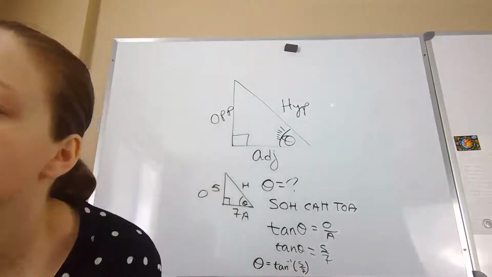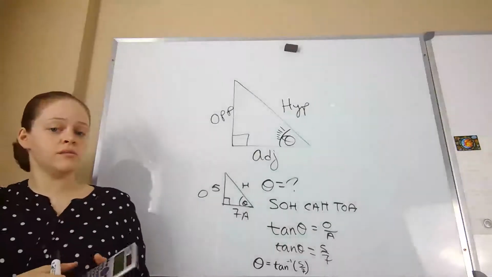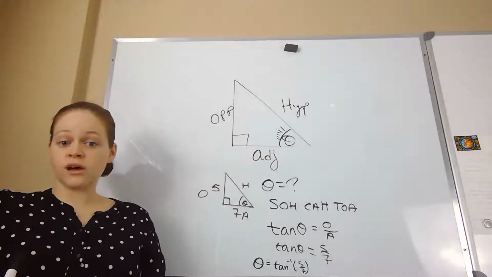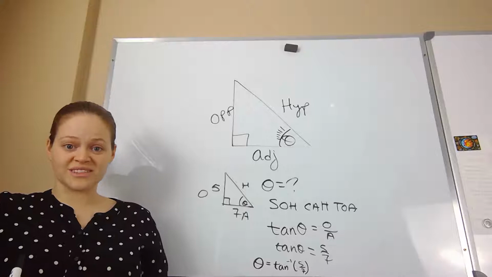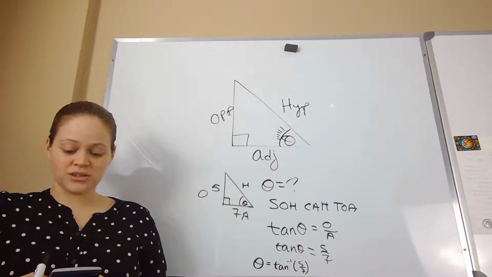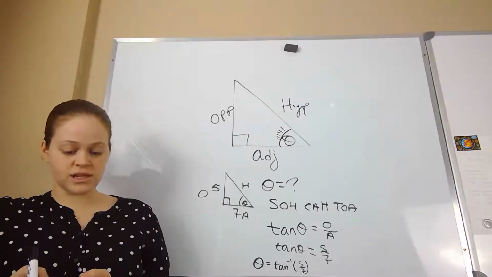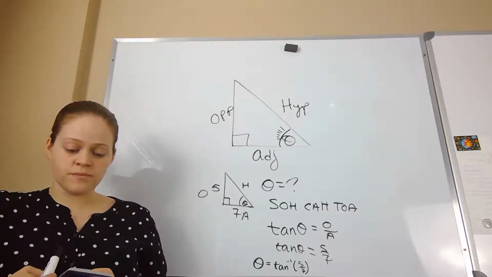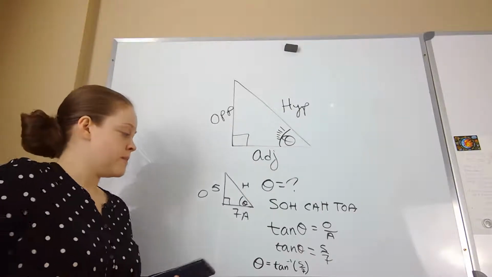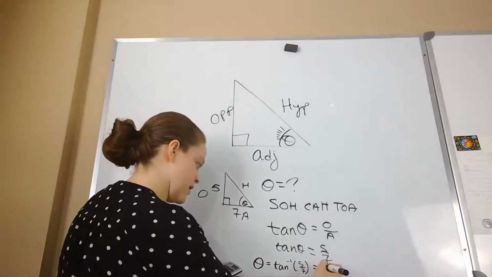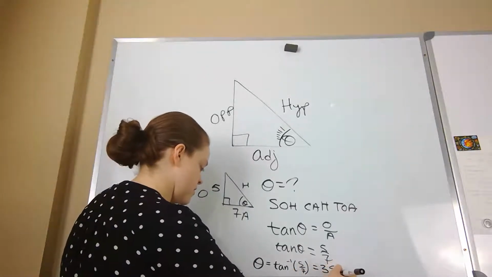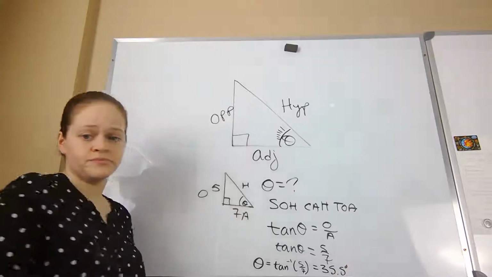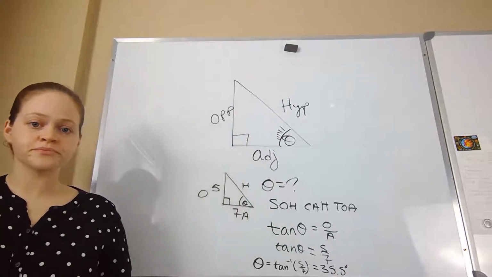Now you just plug that into your calculator. Make sure your calculator is in degrees, okay? Make sure it's in degrees. So tan inverse of 5 divided by 7, and I got theta equals 35.5 degrees.